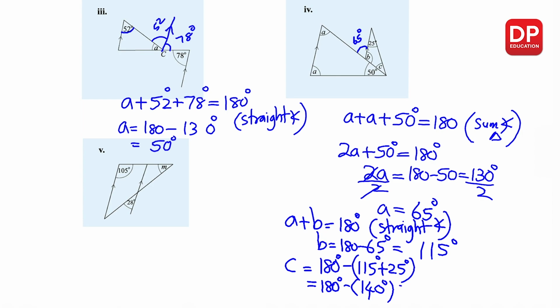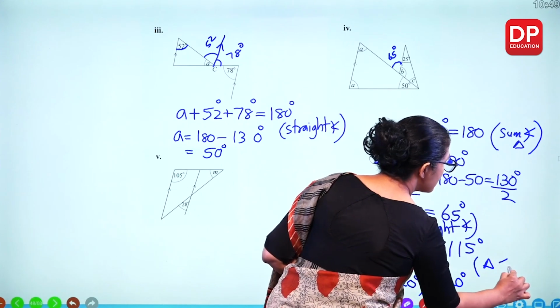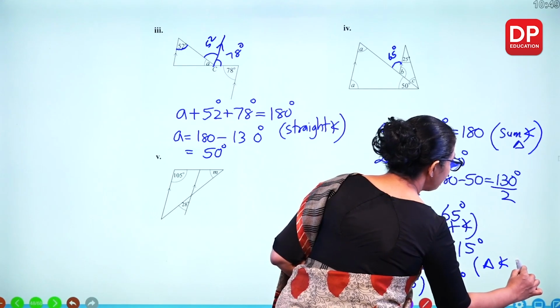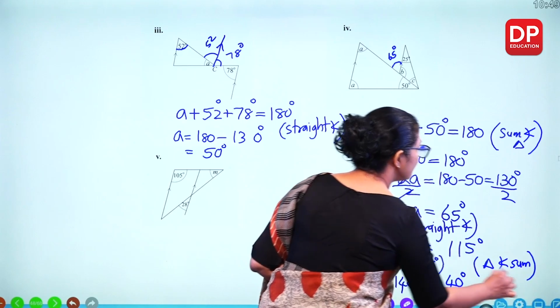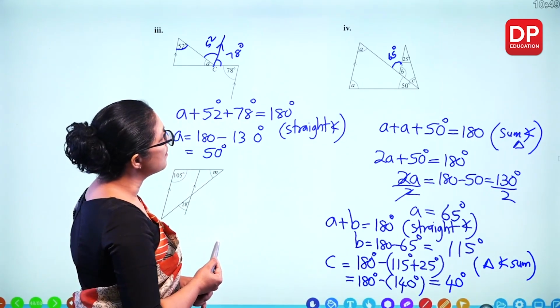So you get 40 degrees for the C value because this is the sum of angles in a triangle. So we found A, B, C.